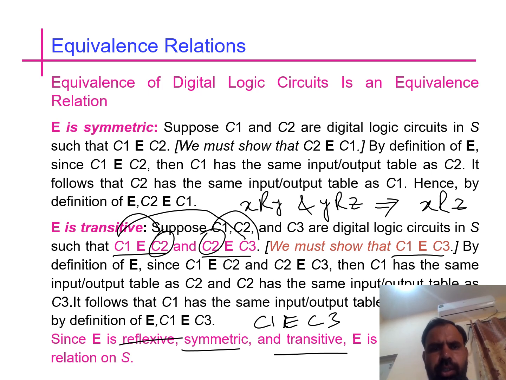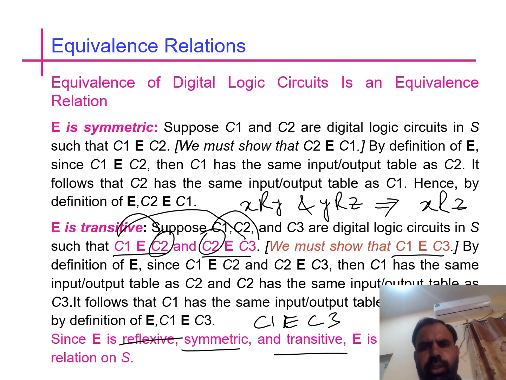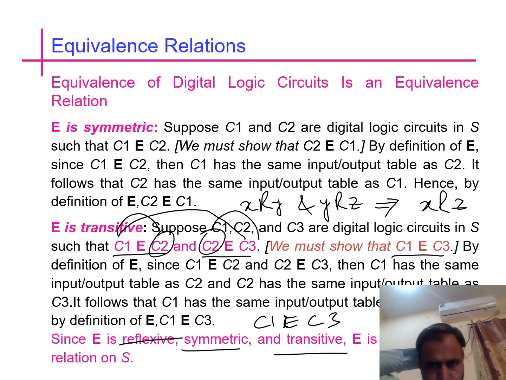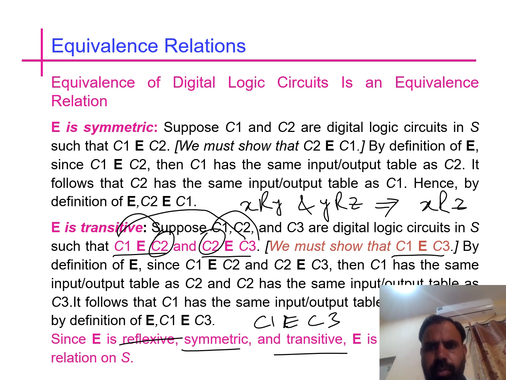E is transitive. Suppose C1, C2 and C3 are digital logic circuits in S such that C1 E C2 and C2 E C3. We must show that C1 E C3.